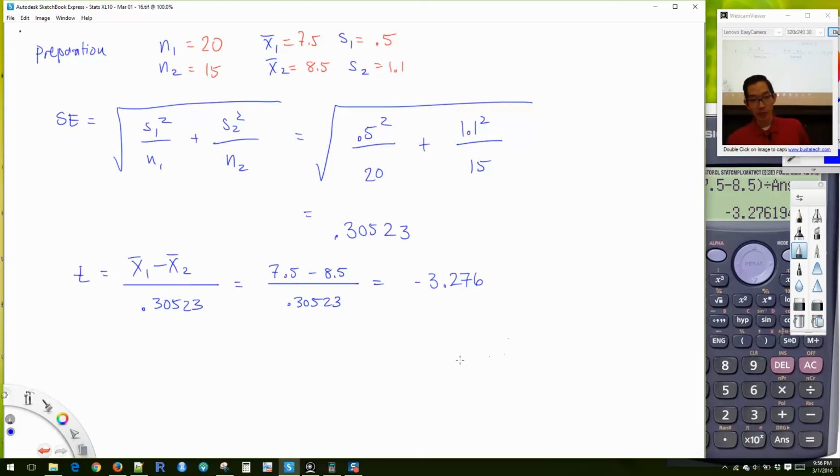To get our p-value, we're going to look this up. How many degrees of freedom do we have? 14 degrees of freedom. We're going to look up 3.276.